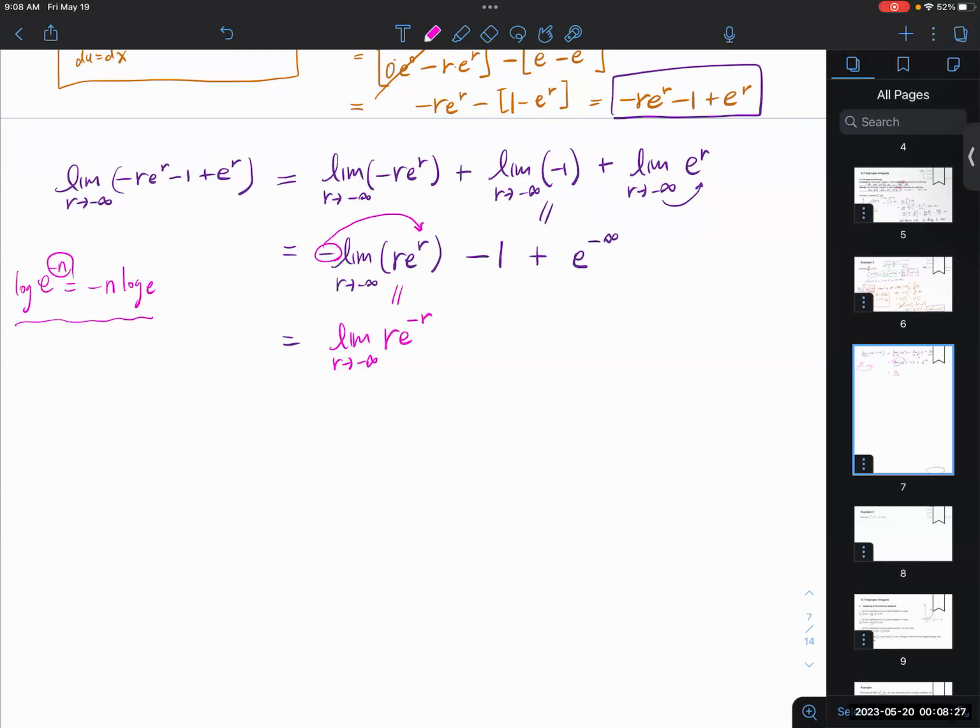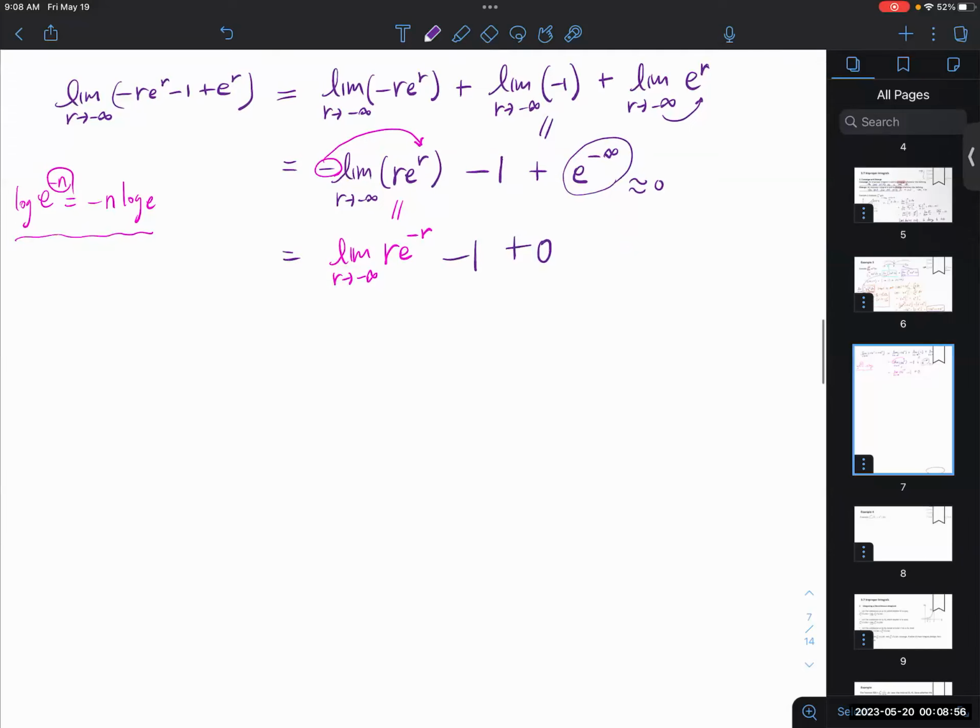They're the same. And then we do have negative 1, and then e to the negative infinity. If you go to the graph, they're getting close to 0, because as r is going to negative infinity, they're getting close to 0. So that is going to be 0 anyway.